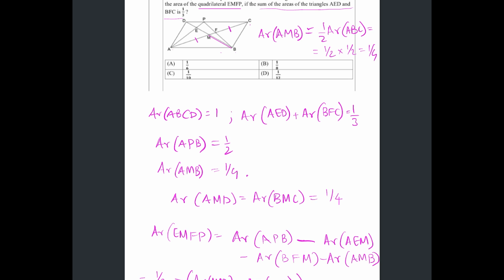Similarly, area of BFM is area of BMC minus area of BFC. And we subtract area of AMB, which is 1 by 4.